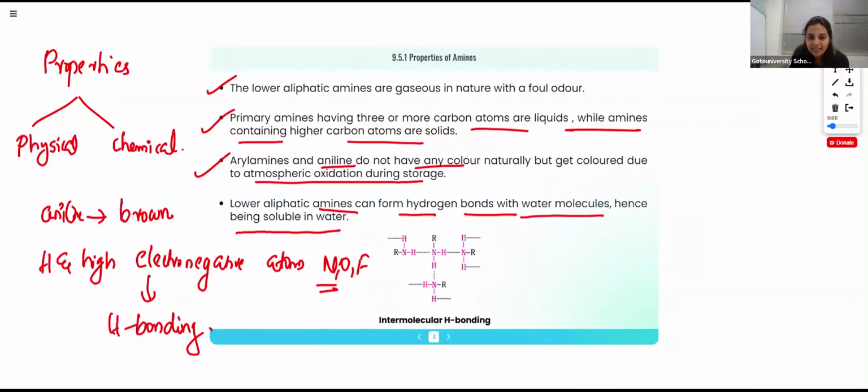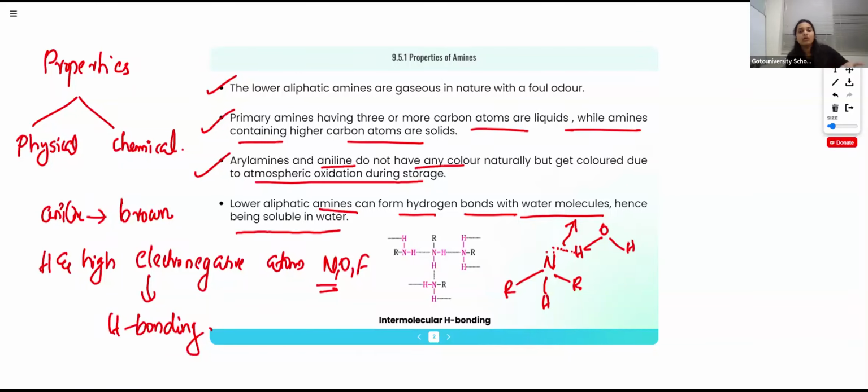Suppose I take an amine, with an alkyl group, say a secondary amine, dissolving in water, H2O. This nitrogen can interact with this hydrogen. This bonding is called hydrogen bonding.